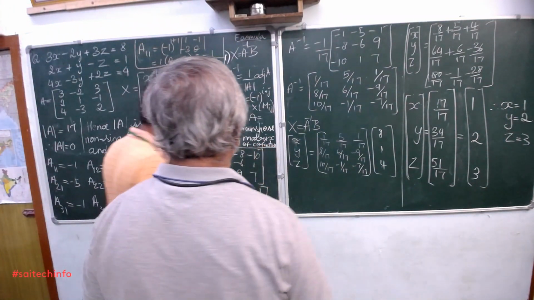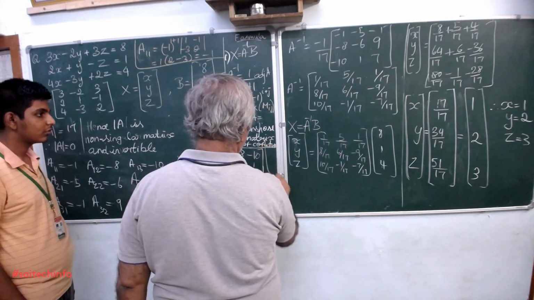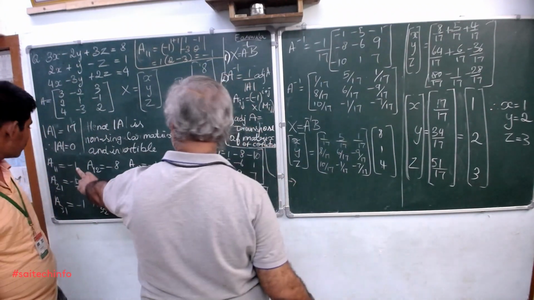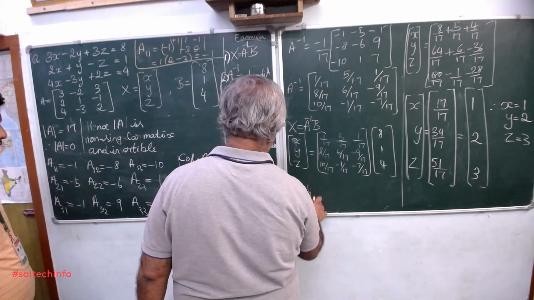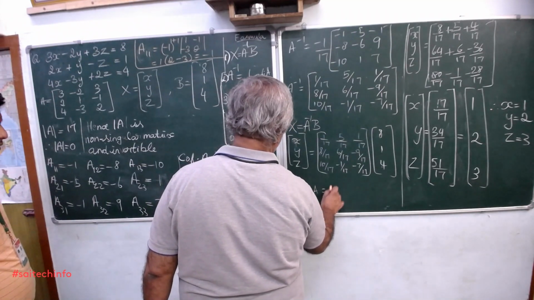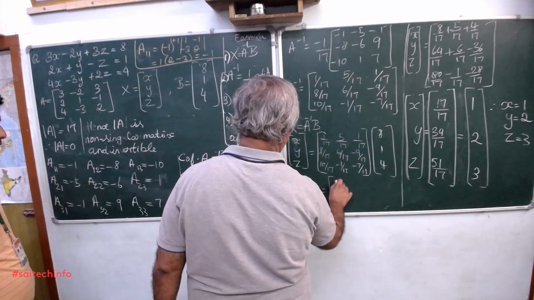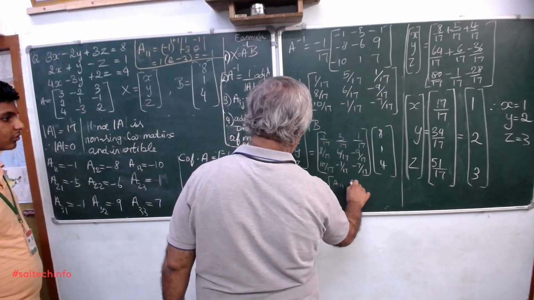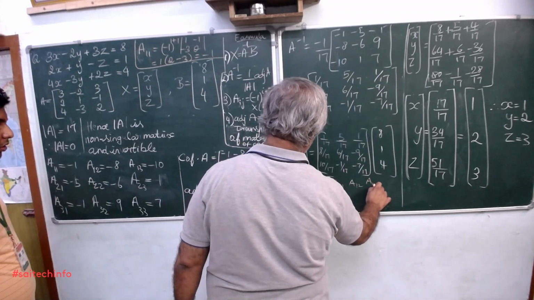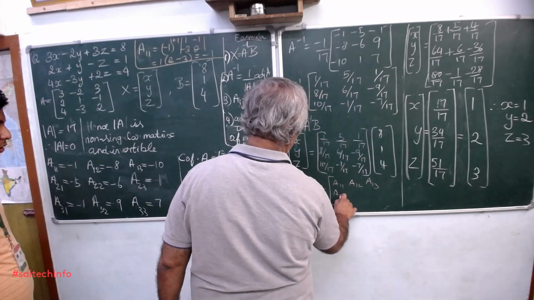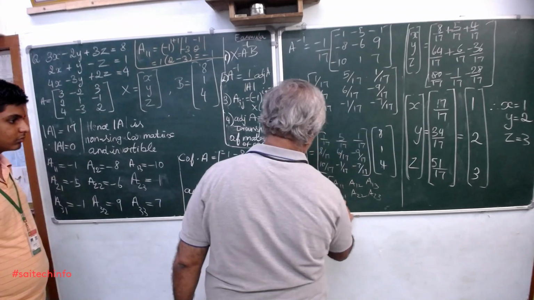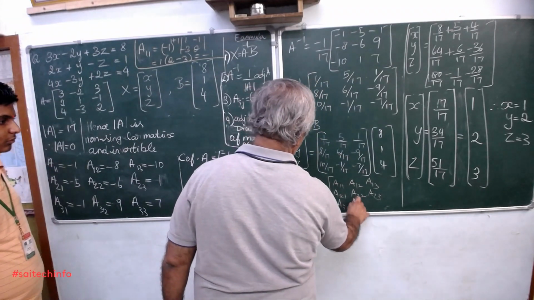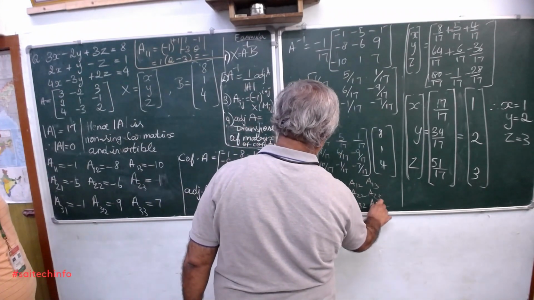So that can be represented like this also. You already put A11, you know. So you can declare this as a formula. Adjoint of A is equal to A11, A12, A13, A21, A22, A23, and then A31, A32, A33.